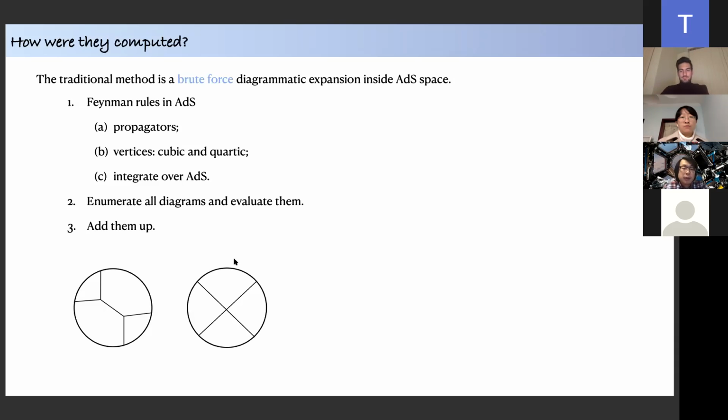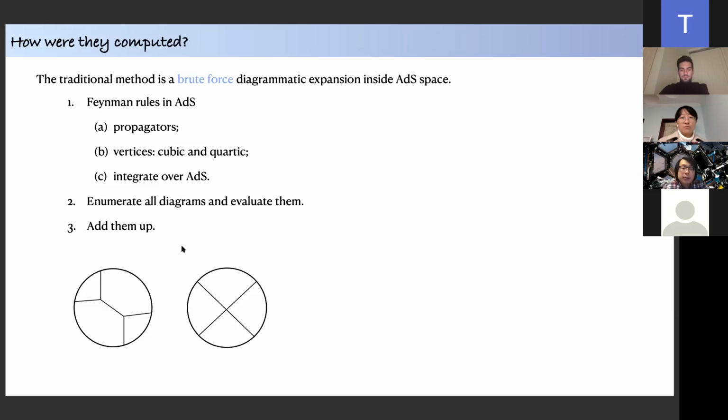Here we look at 4-point functions, so we need both cubic and quadratic vertices. And we also need to know how to do the integrals. Once we have this information for a particular 4-point function, we need to enumerate all the diagrams and then evaluate these diagrams one by one. And finally, we add up the diagrams and try to simplify it.